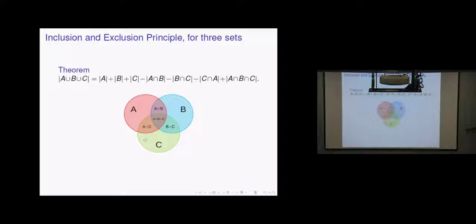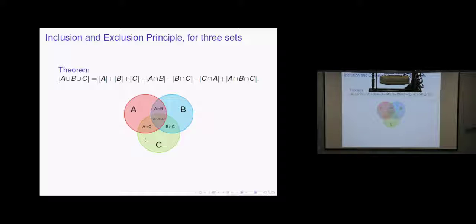So now the left-hand side says I want to count the number in the union. So in this Mickey Mouse shape, right? So I want to count this. Okay, now look at the right-hand side. What do I have? I have the red plus blue plus green, right?